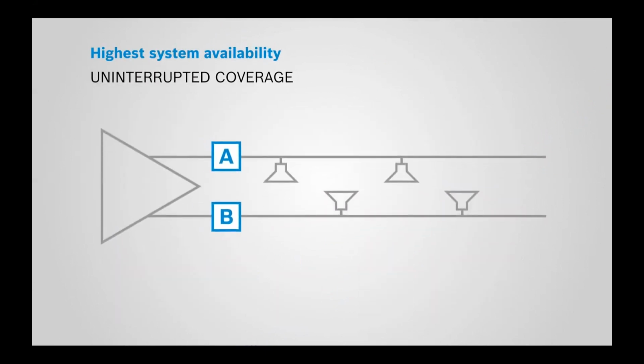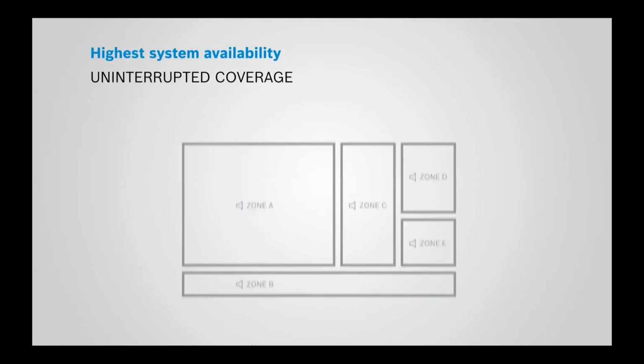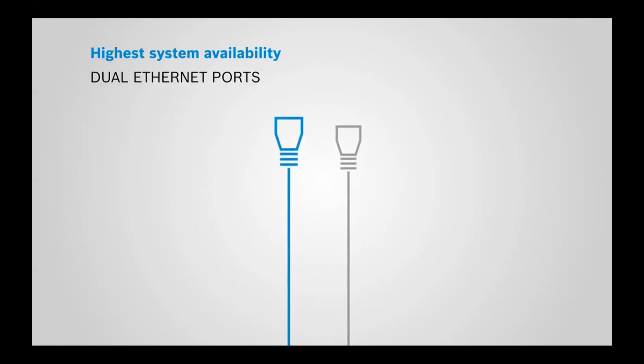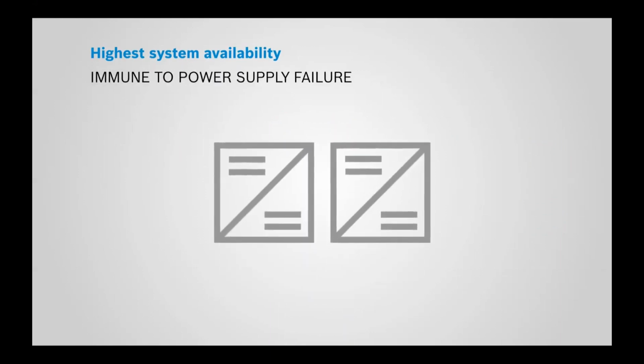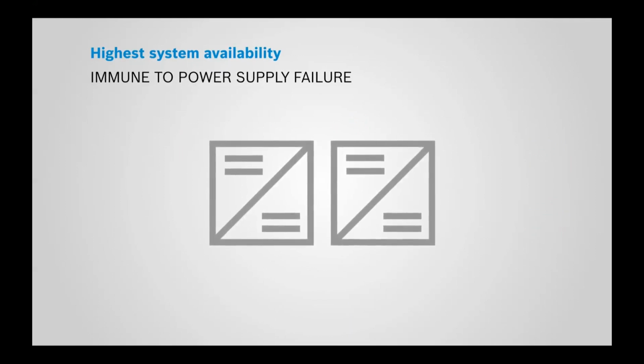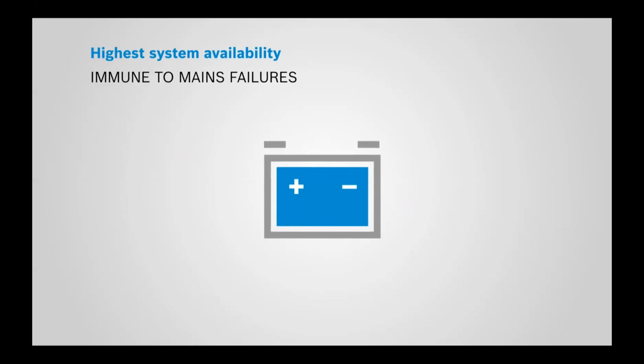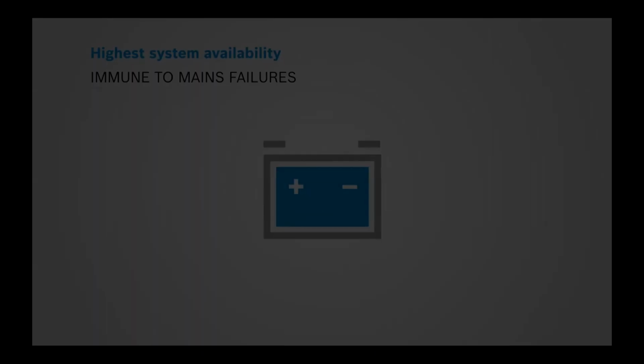Each amplifier channel has 2 loudspeaker outputs which are separately supervised and protected, ensuring uninterrupted coverage in all areas. Every system device uses dual Ethernet ports and will recover automatically should a network link break. To maximize system availability, each Presensa device has twin power converters. These, along with the battery backup facilities, make the entire system immune to mains failures.